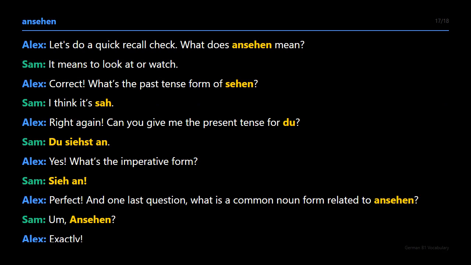Can you give me the present tense for du? Du siehst an. Yes. What's the imperative form? Sieh an. Perfect. And one last question. What is a common noun form related to ansehen? Ansehen.